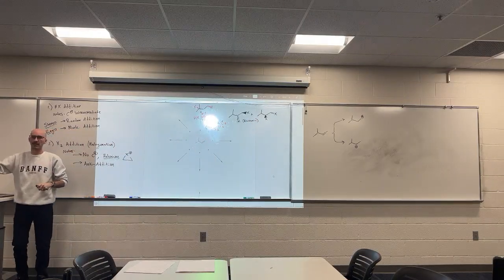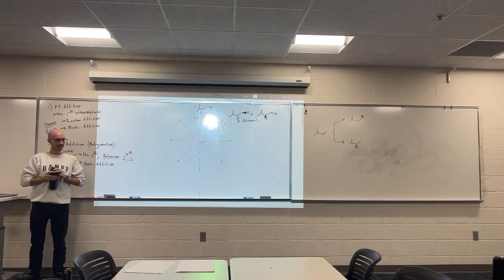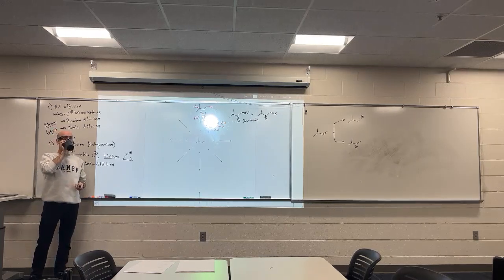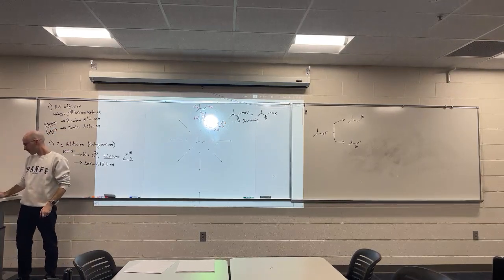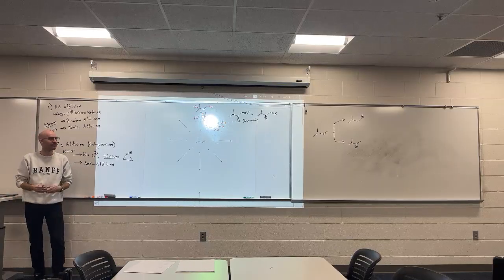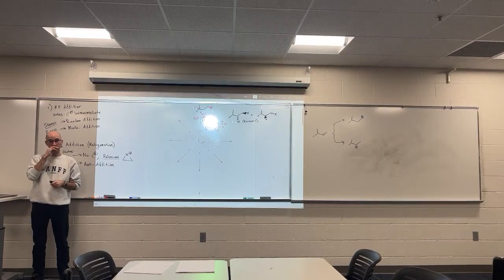Who can define racemic? Specifically, 2 enantiomers. Good. Racemic is that 50-50, exactly 50-50 mixture of 2 enantiomers.